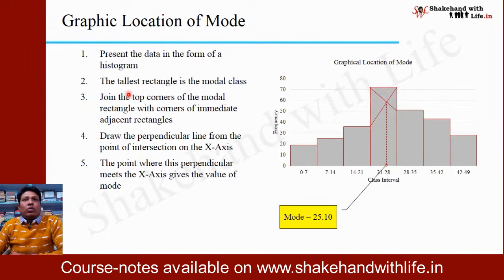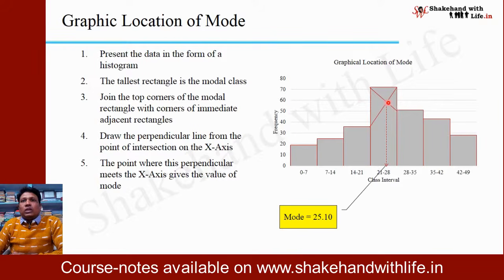Now join the top corners of the modal rectangle with the corners of the immediate adjacent rectangles. So this is 14 to 21 and 28 to 31. These two rectangles are the adjacent ones of the modal class rectangle. Now draw lines from this corner to this corner and this corner to this corner.